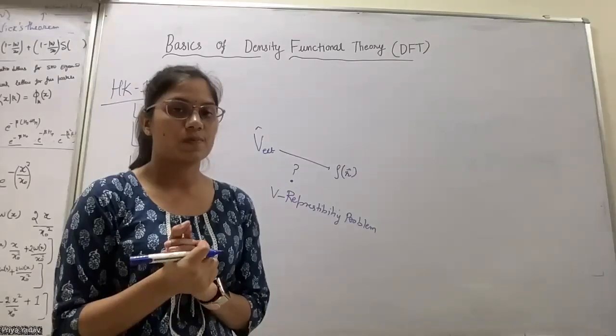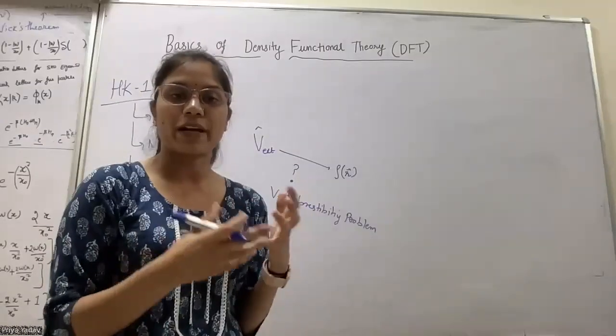Actually, I have just a concern. I think this is a one-to-one mapping, right? From a unique V external, we get a unique rho, and from a unique rho, we get a unique V external. The opposite way is not obvious, we cannot find whether it is coming from it or not.